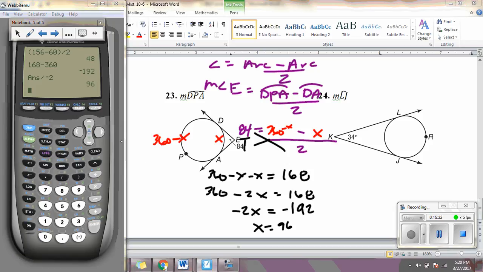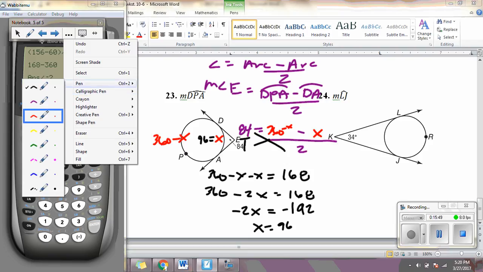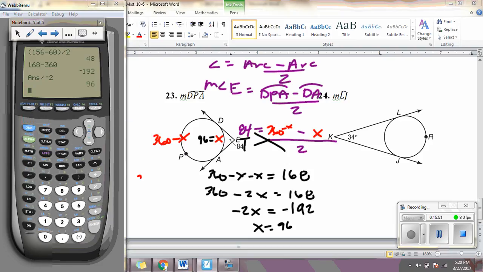So x is 96. What did x represent on our picture? X represented DA. But we need to find DPA. So we still need to take 360 minus x. So 360 minus 96 to get our final answer.